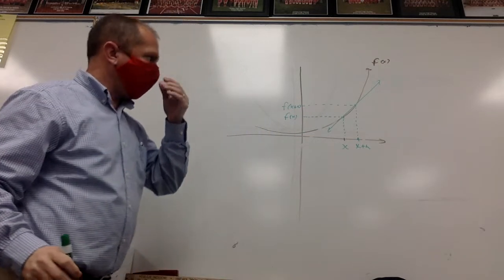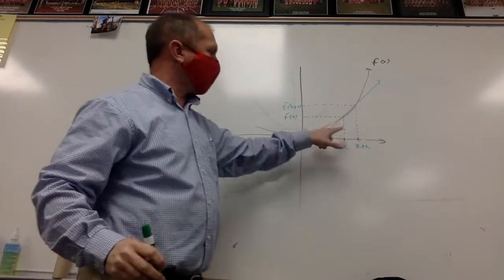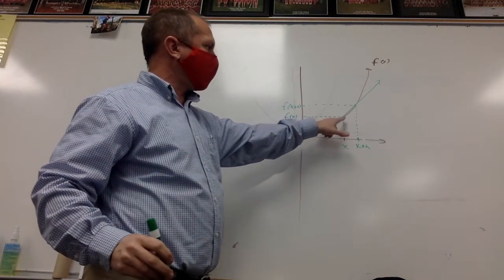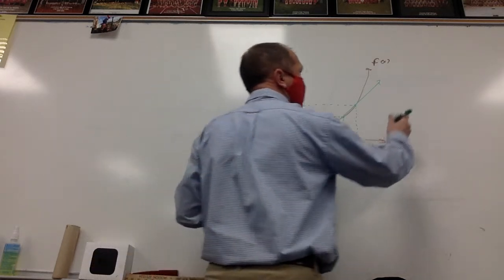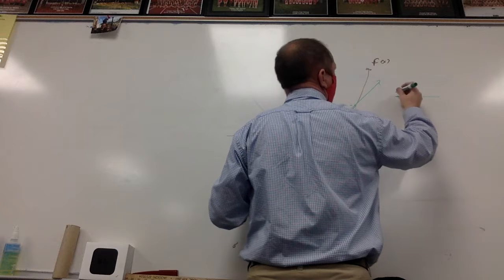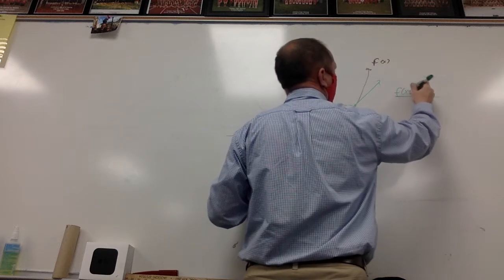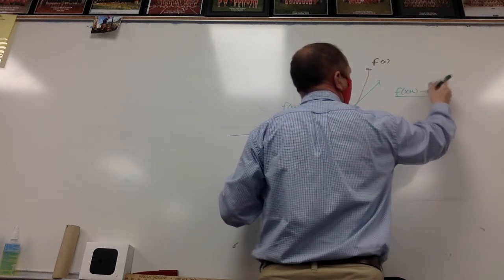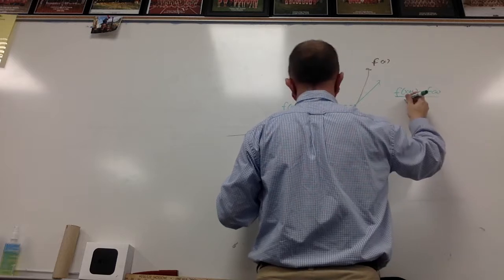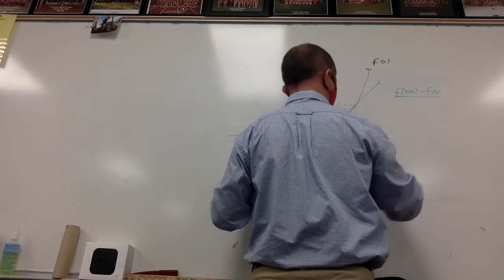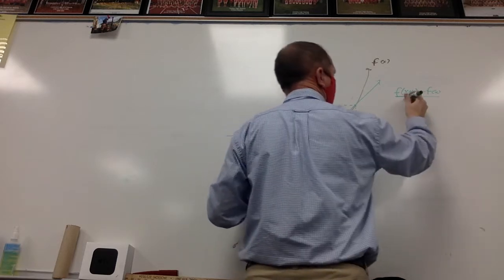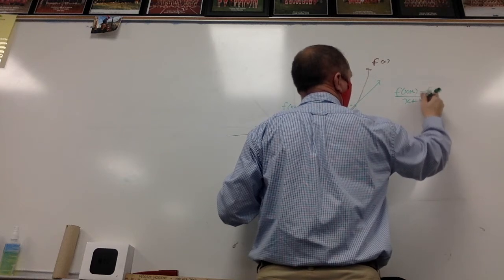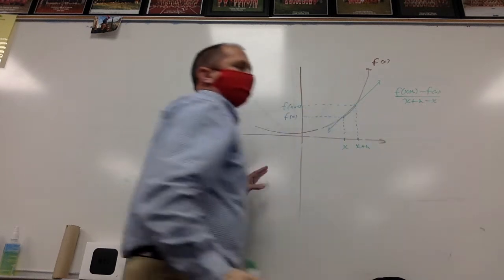So to get the slope of this tangent line, and again I'm interested in this slope right here at this point right here, I would say that the slope of this is f of x plus h minus f of x all over x plus h minus x.